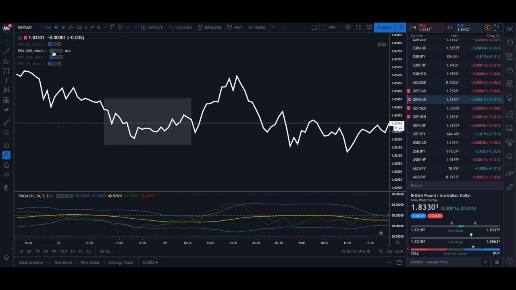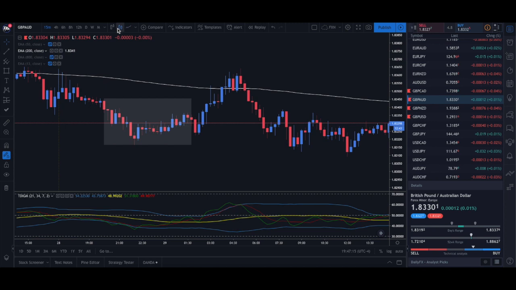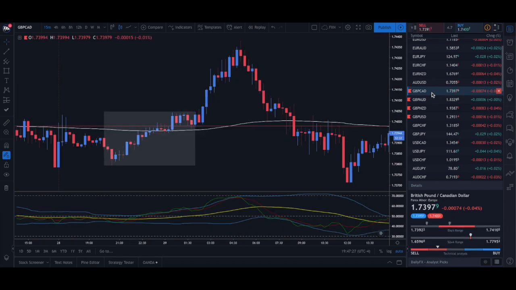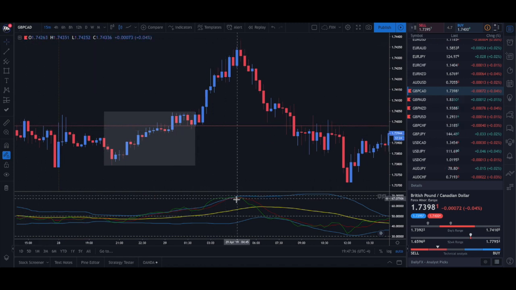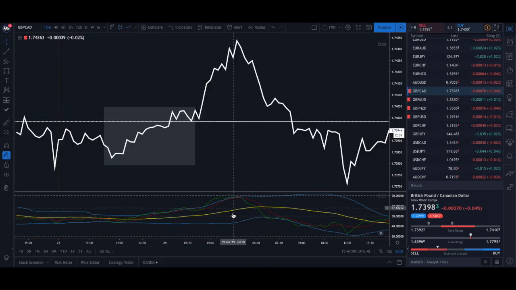And let's say you add in a 200 EMA, and you see that the 200 EMA is right there. Now, if you look at it on, let's say, pound CAD, and you just take away the 200, you just look at the chart with the TDI, it's the same thing, right? The green's outside of the bands coming into the red, and it's literally right there at that M. You see it crossed over, and boom, there's your trade.